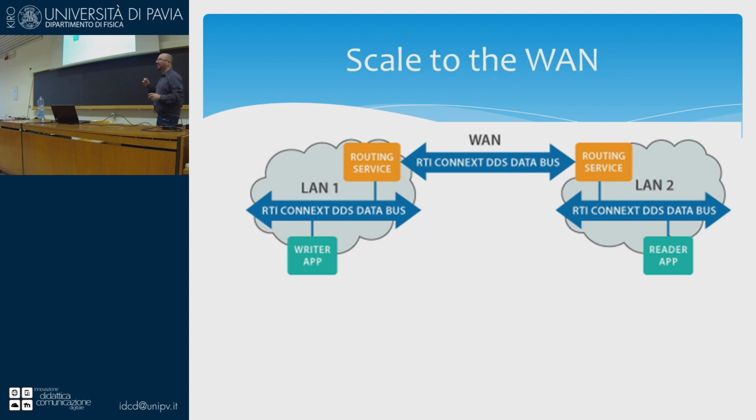Okay. Basically, the framework provides you a so-called routing service from one point to another point that gives a direct connection from the first LAN to the second LAN with different domains. Reader and writer belong to one domain. It can go from the writer application in this case to this reader application.